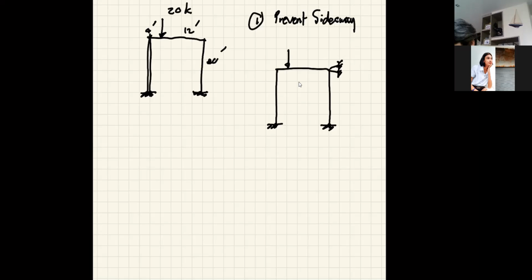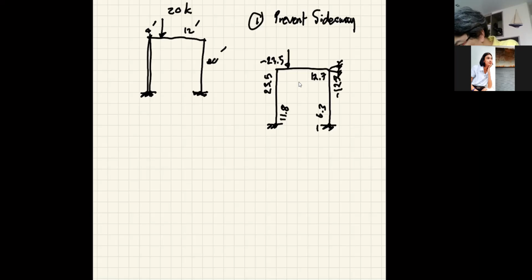Okay, so the final numbers are like this: 11.8, this is 23.5, this is minus 23.5. Okay, this is 12.7, this is minus 12.7. And this is minus 6.3.